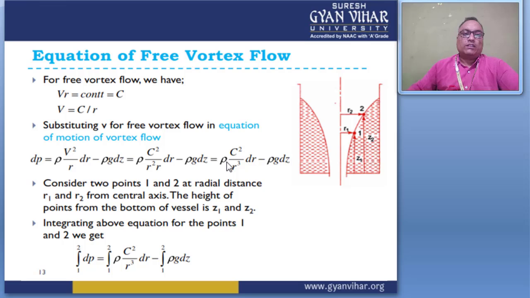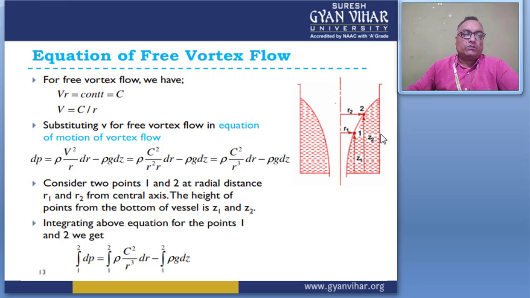If I consider 2 points 1 and 2 at radial distances of r1 and r2 from the central axis, then the heights of the points from the bottom of the vessel are z1 and z2.